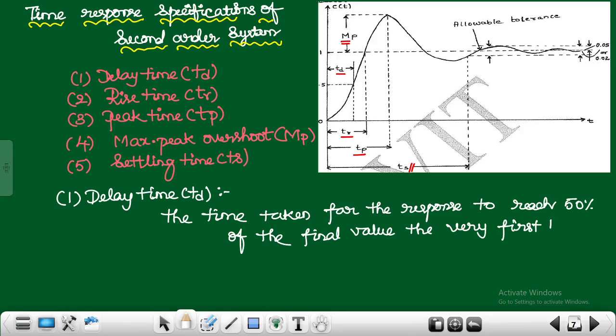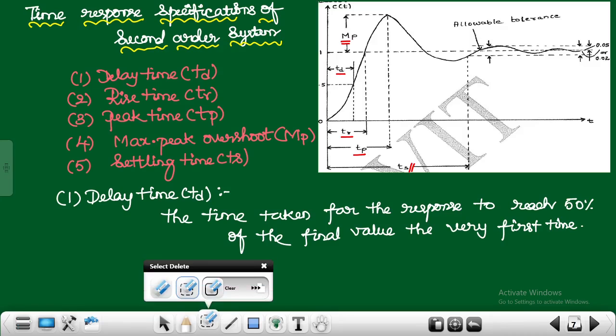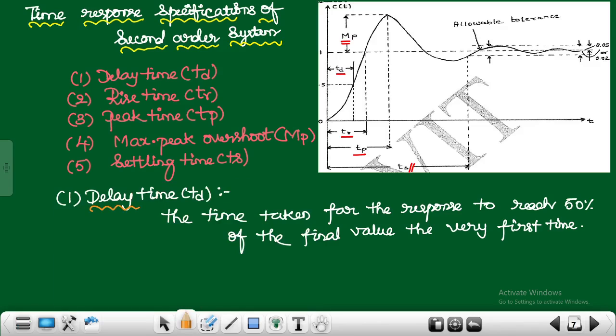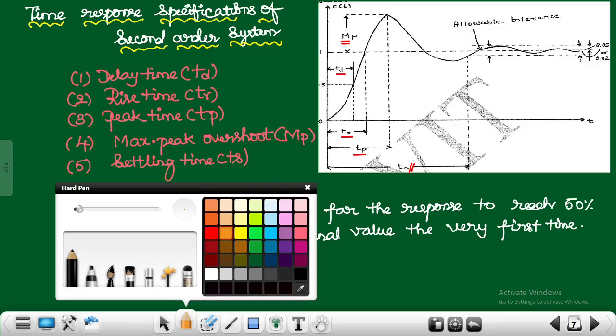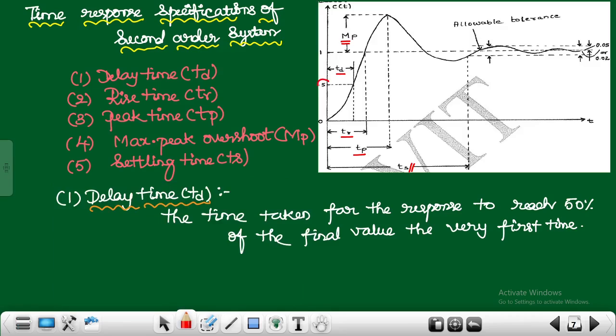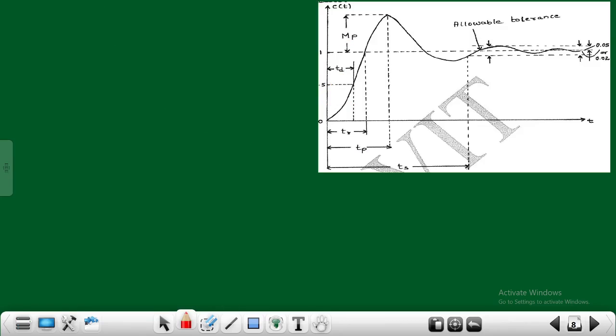We call that the delay time. So this is the 50% point, and the time taken to reach it is called the delay time, which is defined as 50% of its final value.